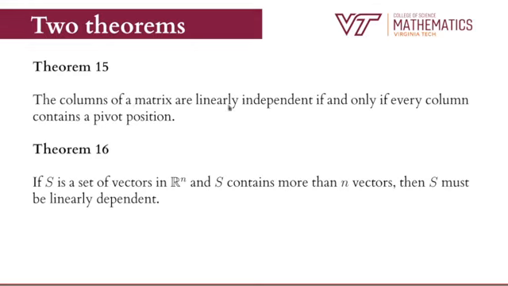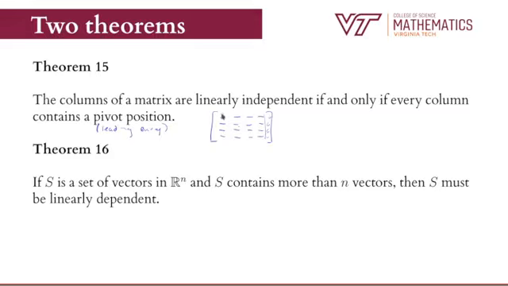The columns of a matrix are linearly independent if and only if every column contains a pivot position or a leading entry. Same thing. That is, in order to be linearly independent, there needs to be no free variables when I augment with 0.